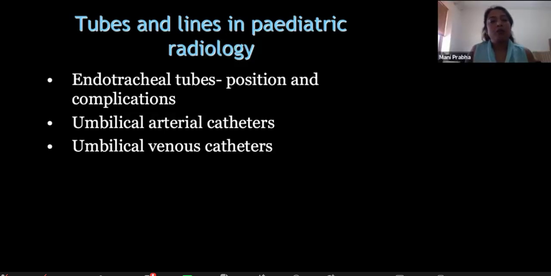Okay, so we have covered hyaline membrane disease and its various complications. So now we are moving on to tubes and lines in pediatric radiology. The tubes and lines are, first, the endotracheal tube, which can have complications related to its position, like the one we saw just now, and then umbilical arterial catheters as well as venous catheters.